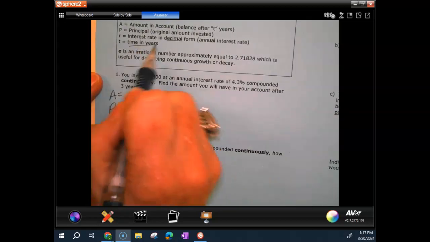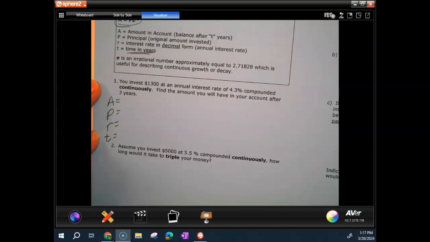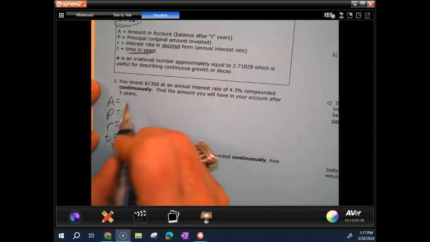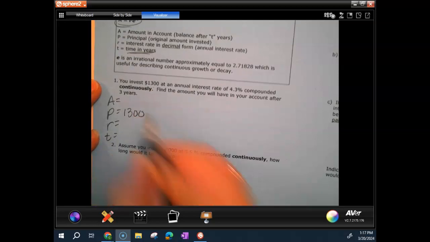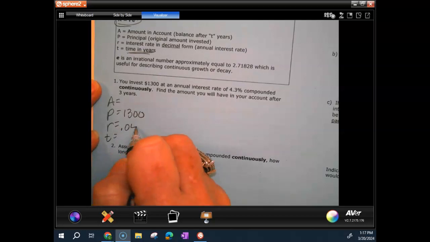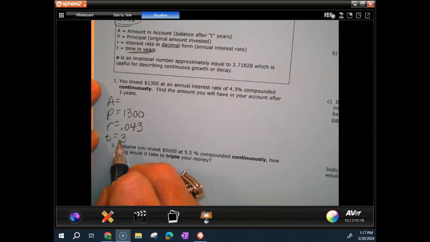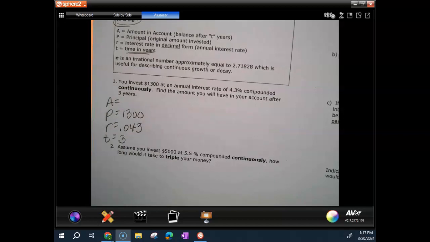And remember, the time is always in years, right? We say in years. So if I invest $1,300, that's my P. It's at a rate of 4.3%, which is 0.043. It's compounded continuously, so I know I have to use the PERT formula. And it's after 3 years, which is T equals 3.